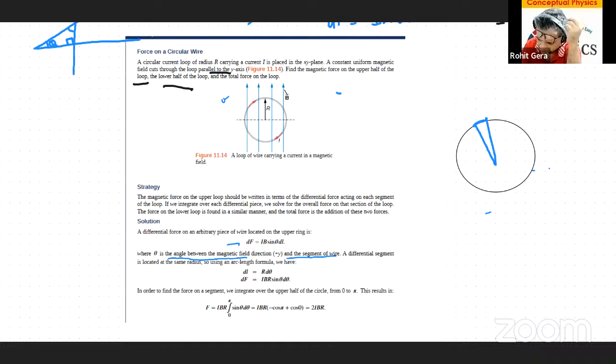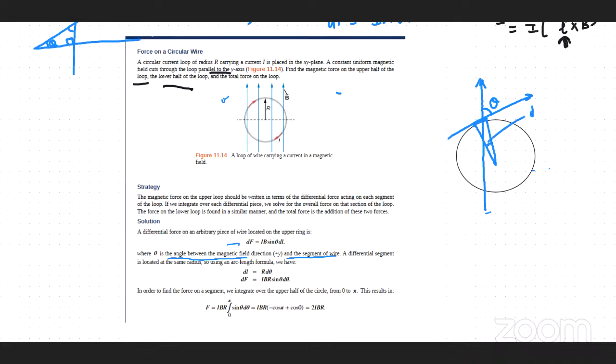Okay, and the angle between the magnetic field and the section is theta. So this is almost a straight line, so it is going like this. This is your magnetic field. And this is d theta. Correct.